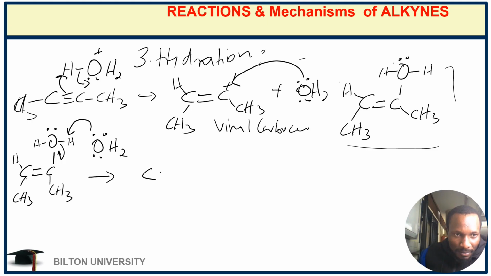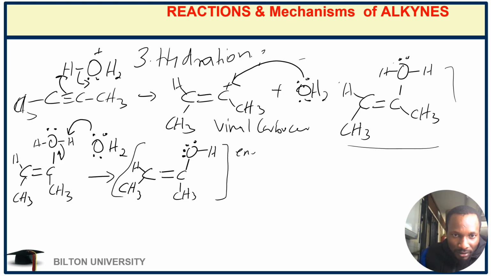So you have C, then O with one hydrogen, the initial electrons which were there and the new electrons which have been formed. Here we still have our hydrogen, CH3 and CH3, and this is what we call the enol.